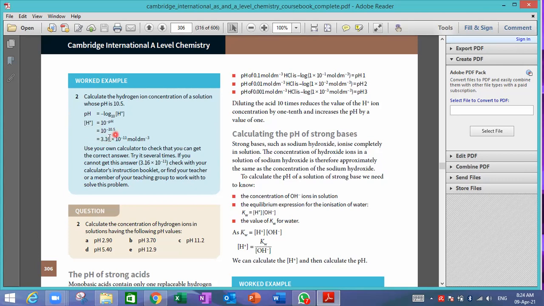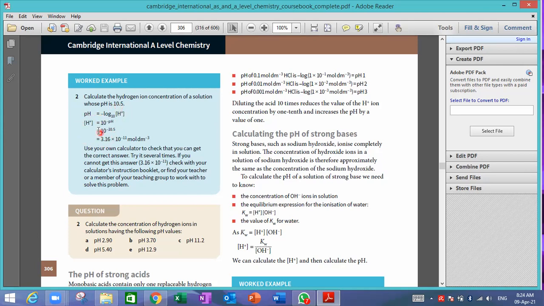Okay. So either you press the button 10 to the power at once, and you write minus the value that he gave you. He said calculate the hydrogen ion concentration of a solution whose pH is 10.5. So either you press 10 to the power and write minus the value here, or else you press shift log and then between brackets write this value in negative, minus 10.5.